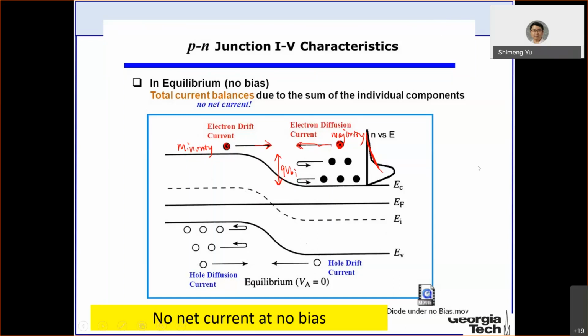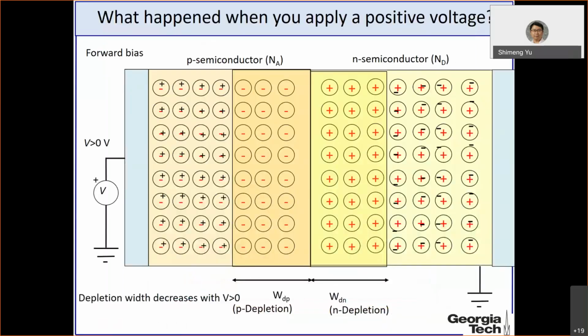All right. Then let's look at what will happen if you apply a positive voltage. If you apply positive voltage, let's look at the bond model. Here you have the depletion region. And then positive voltage means what? So here the N side is grounded, and the electrons will inject from the grounded terminal. Electrons will go to the higher potential.